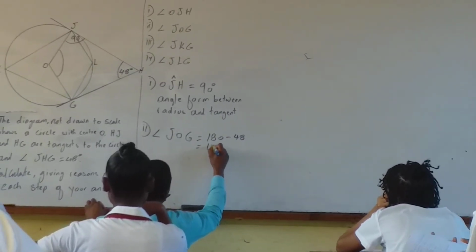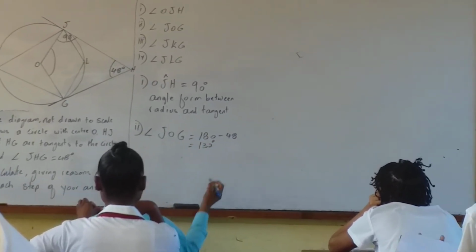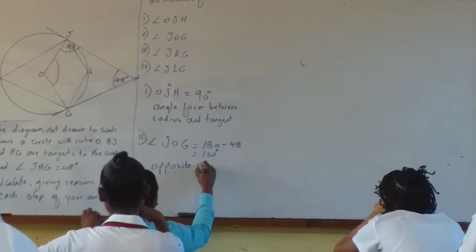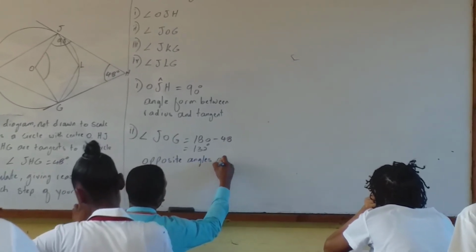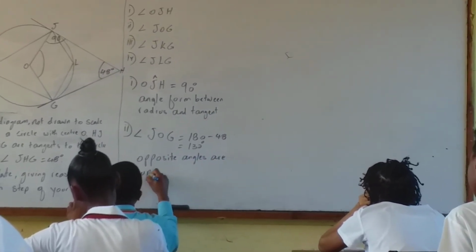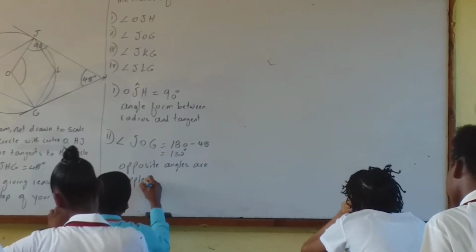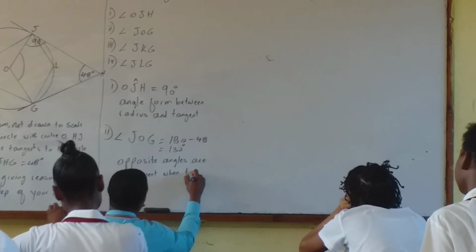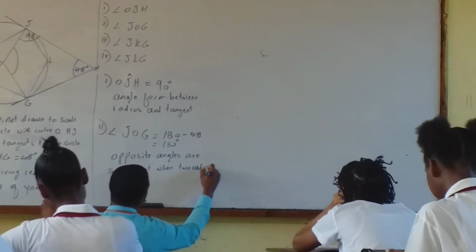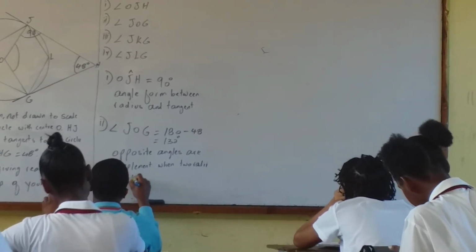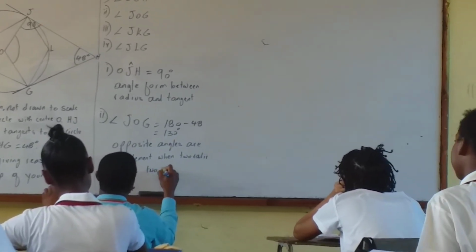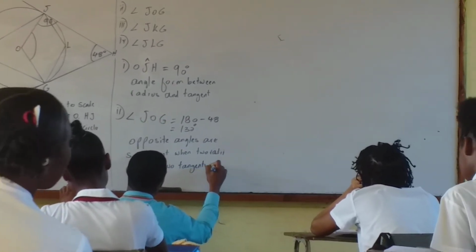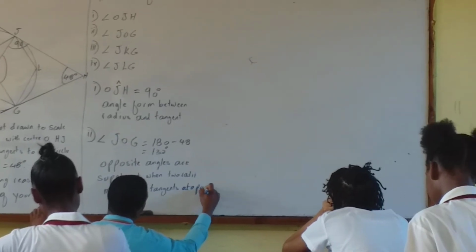132 degrees, and I can write: opposite angles are supplementary when two radii meet two tangents at a point.